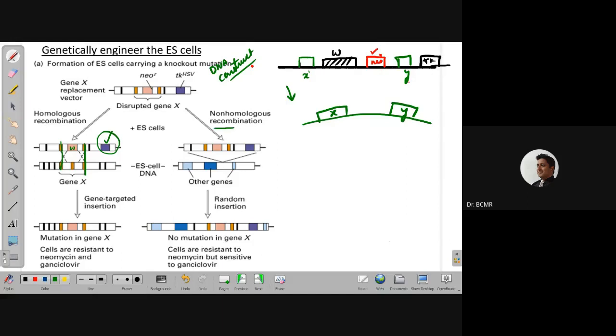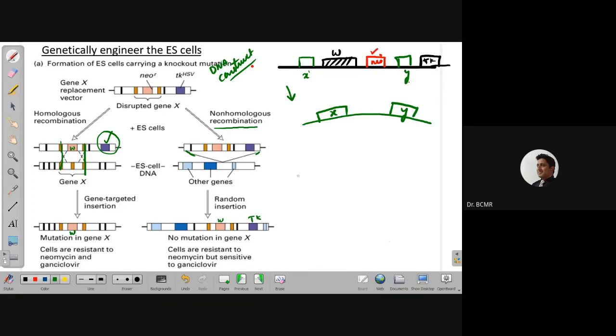Look what happens if it were non-homologous recombination. The whole thing will get integrated because this integration is not based on homologous recombination. So sometimes breaks may happen, or in some other ways it can get randomly integrated into any part of the genome. In the homologous one, you got only W integrated. In the non-homologous one, you got gene W and also thymidine kinase.